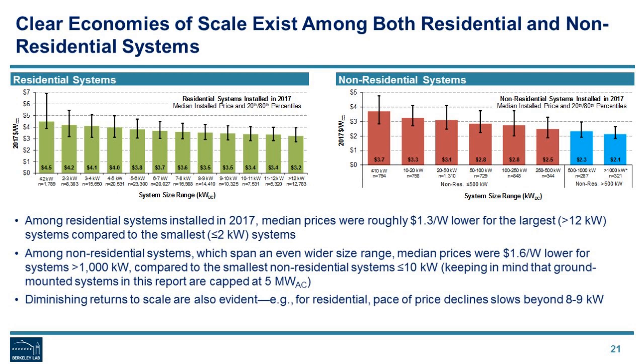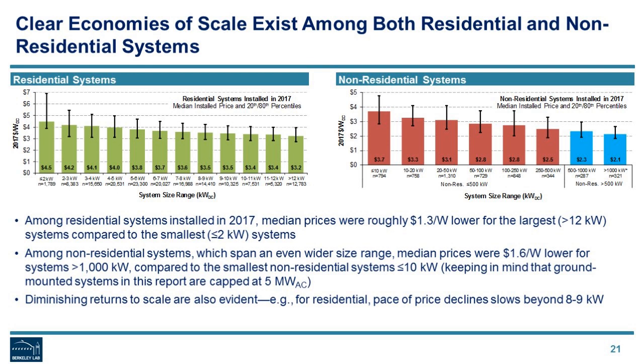In some cases, simple descriptive statistics can be just fine and can be informative, especially in cases where you're dealing with drivers that have a fairly consistent and clear-cut effect. Probably the most obvious example of that is system size. We've already shown how system prices differ between residential and non-residential systems.